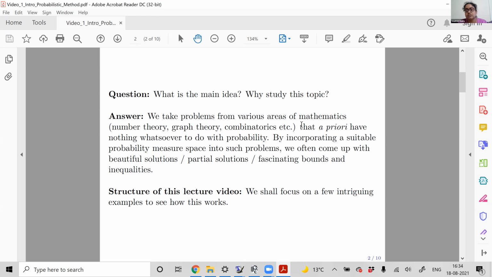So sometimes using the probabilistic method actually helps. And sometimes we come up with amazing inequalities and bounds that give us stepping stones for improving those bounds, for making progress in these areas.